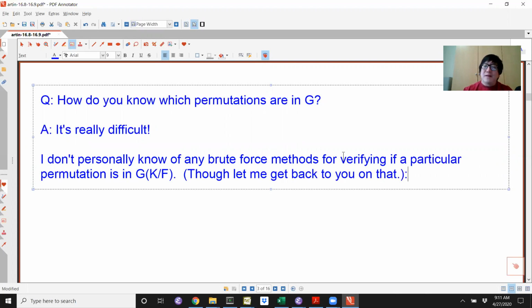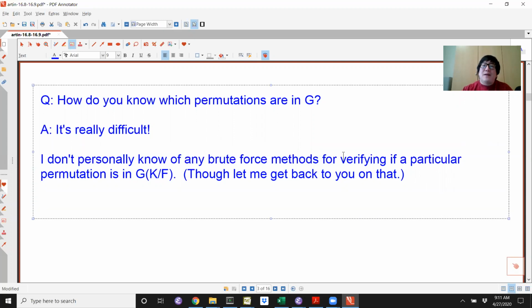I bet if we Google brute force Galois group computation, there might be something out there. This may be a good question. But isn't this the same as finding G?